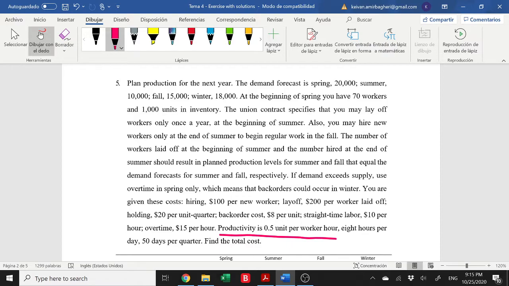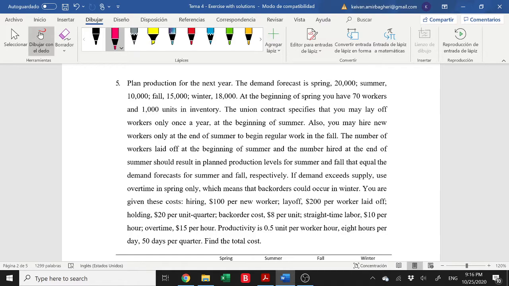It means that for producing 1 unit of a product, we need 2 hours because every hour we produce only 0.5 units. Okay, so if we want one complete product, we need 2 hours, and the company works 8 hours per day during the 50 days per quarter. So every quarter has 50 days, and every day 8 hours of work.